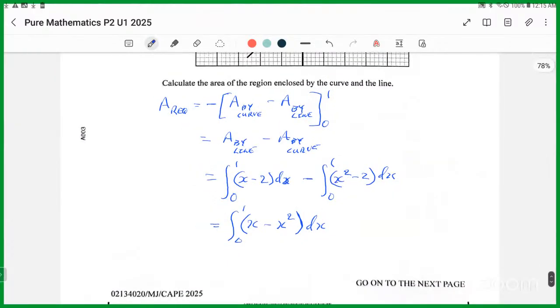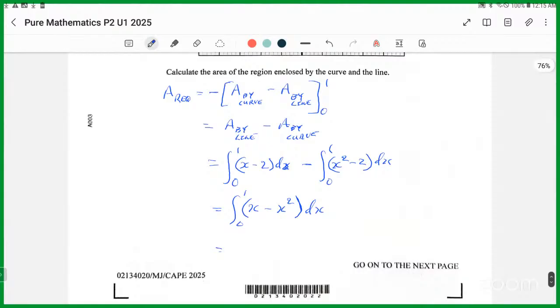So this is what we're looking at. I'm going to go on the next page. It becomes equal to x squared over 2 minus x cubed over 3, with limits 1 and 0.